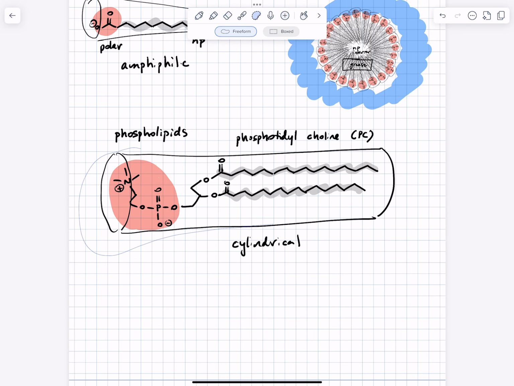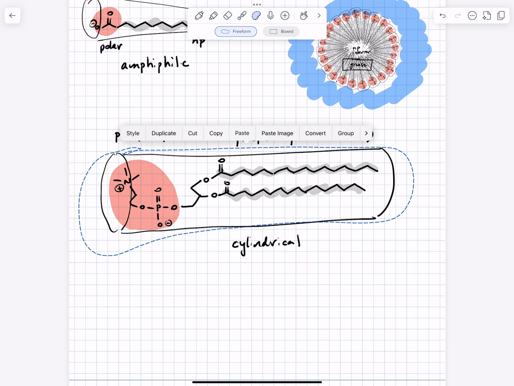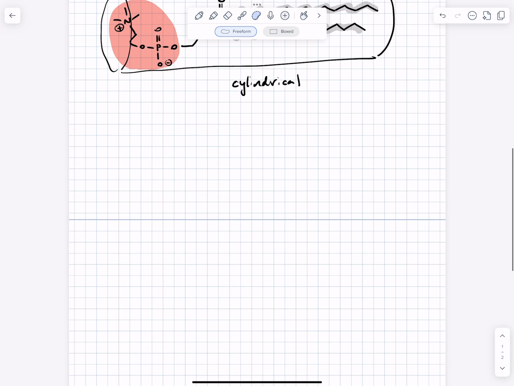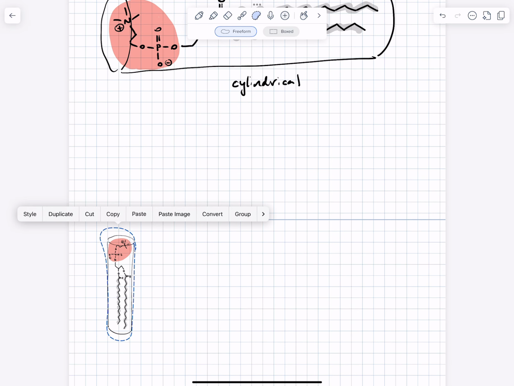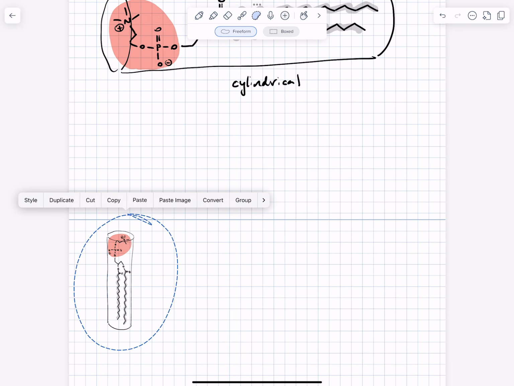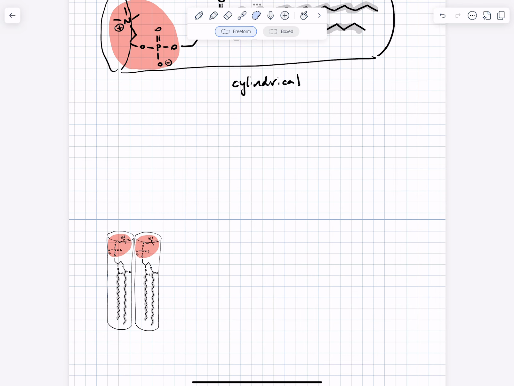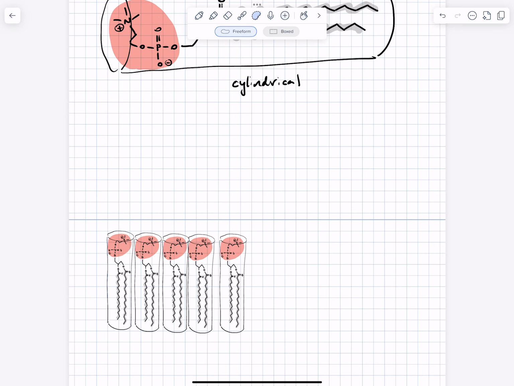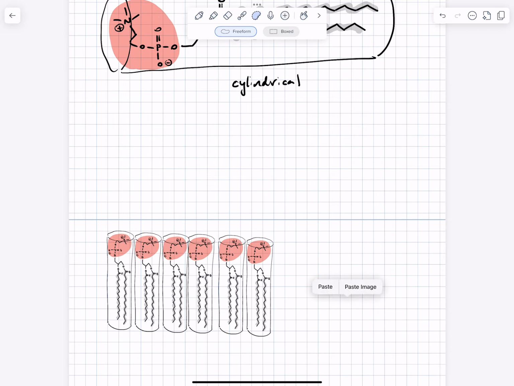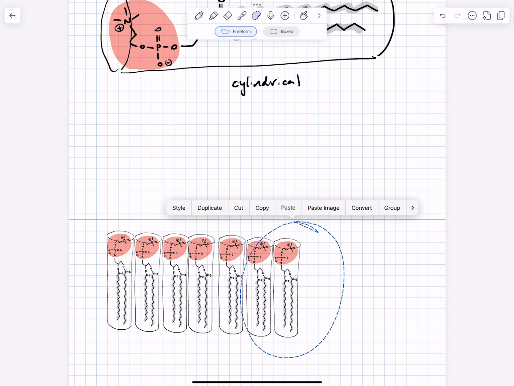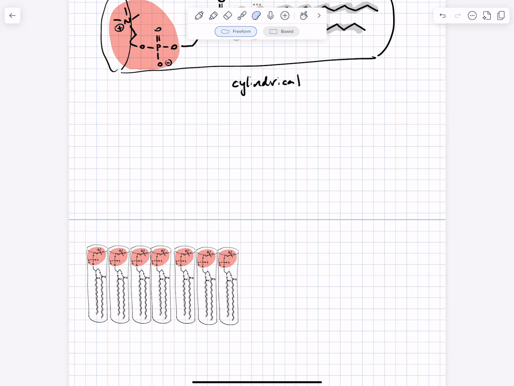So you would expect phospholipids in the presence of water to start associating with each other side by side to avoid exposing their nonpolar surface area to water. Now, I haven't told you why that is, and I'm going to. But for now, notice that as they associate side by side, because they occupy a cylindrical volume, there's not a huge amount of curvature.